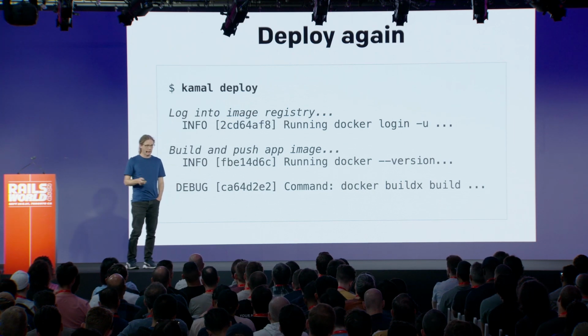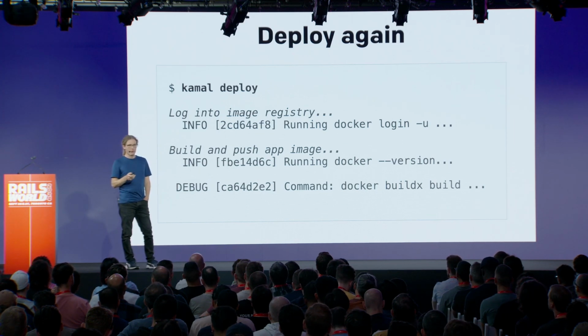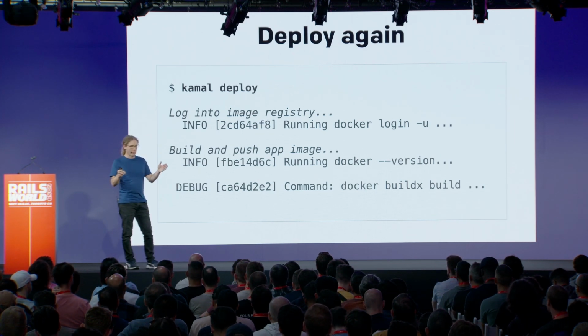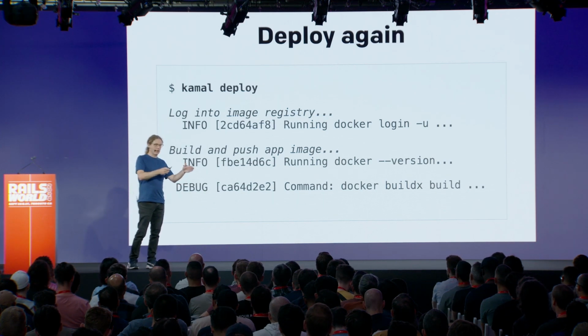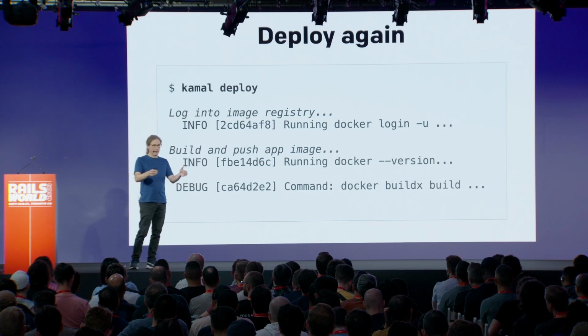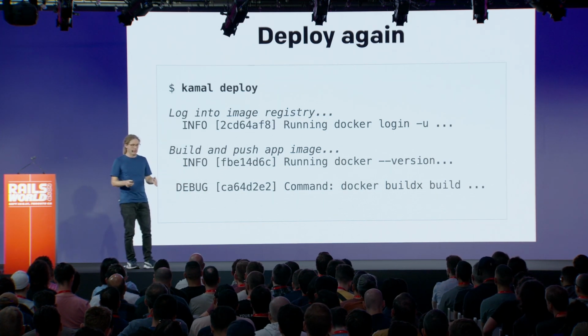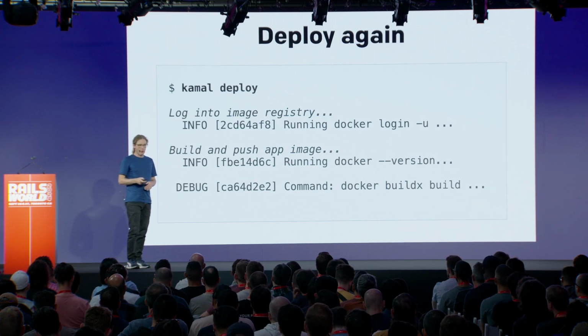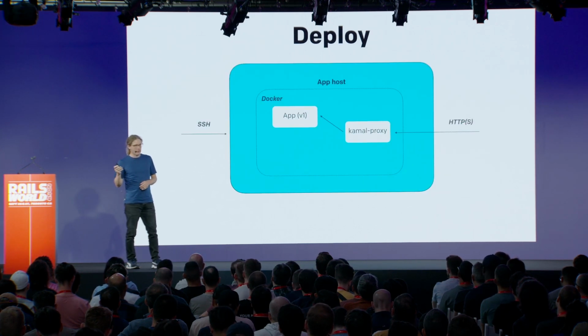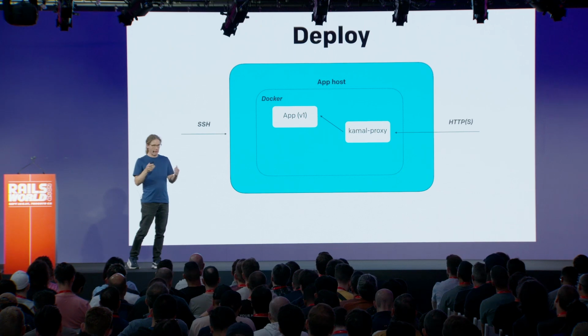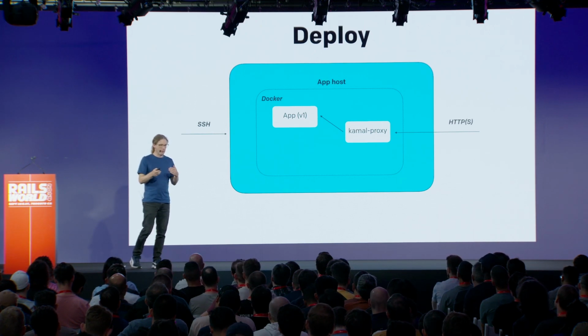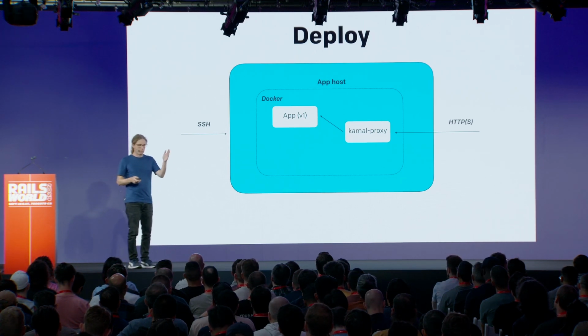Okay, so the next phase is I want to deploy a second version of the application. You've made your changes, you've committed them, and you want to do that, so you're going to run Kamal deploy. So Kamal setup is just the initial setup and then a deployment, and then this one is just that second phase, the deployment part. So to start with, it's going to do that dance of building the image and pushing it and then pulling it.